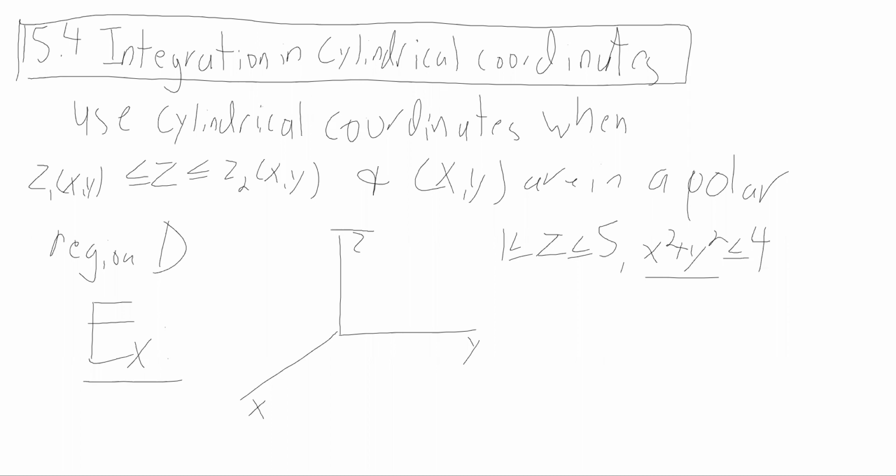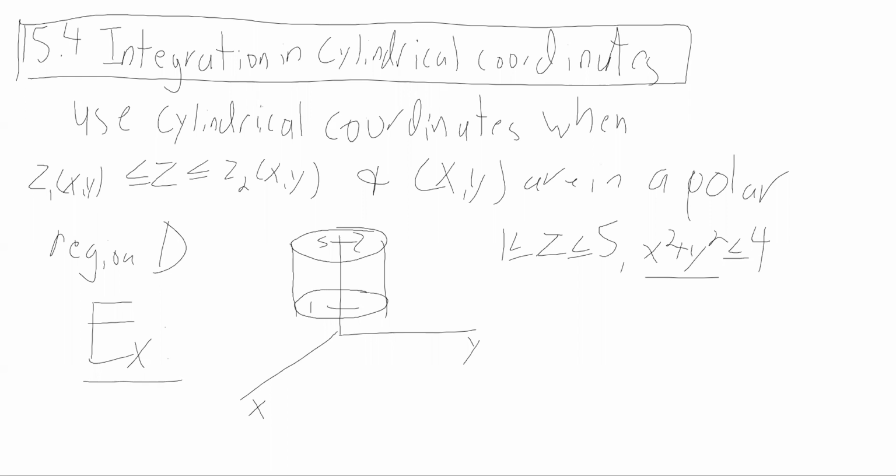So basically, this is z equals 5, this is z equals 1. We get this solid region here. So Z is bounded by Z equals 1 and Z equals 5.